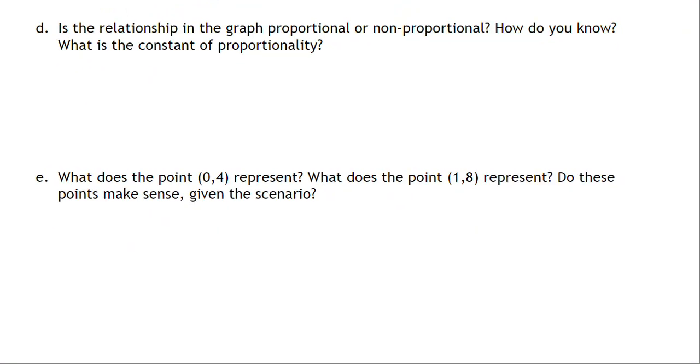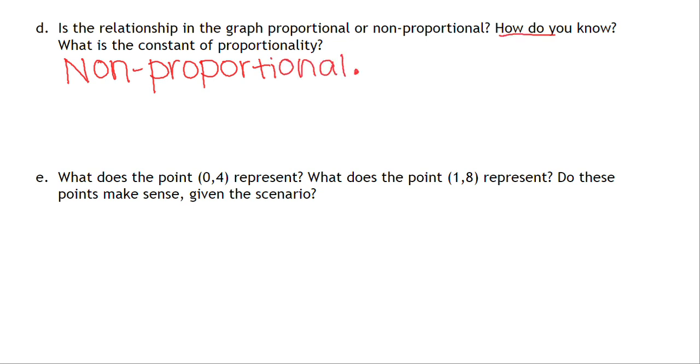That answer is non-proportional. How do you know? We know it's non-proportional because even though it's a straight line, it did not pass through the origin.